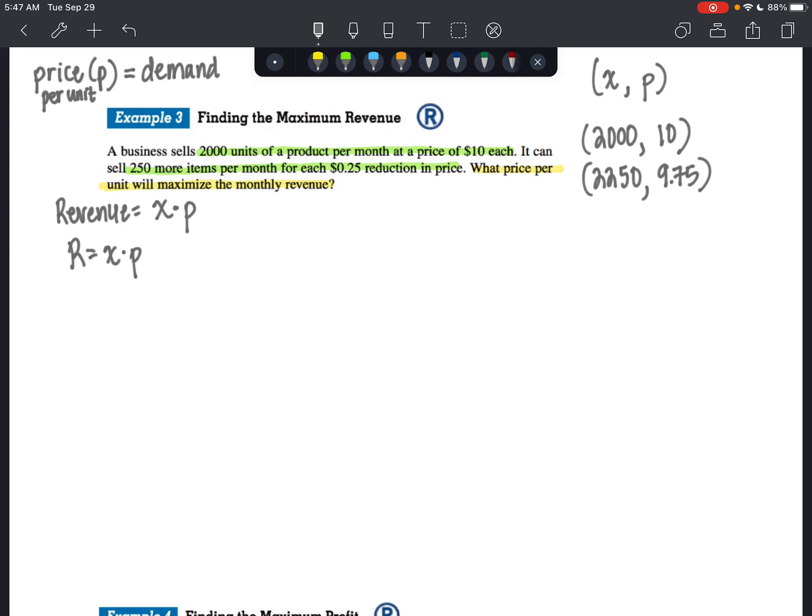We're going to write our equation using p minus p1 equals the slope times x minus x1. This is no different than y's in place of the p's, but we want to keep everything consistent with our price, so I'm going to try not to say y. So we're going to have p minus 10.